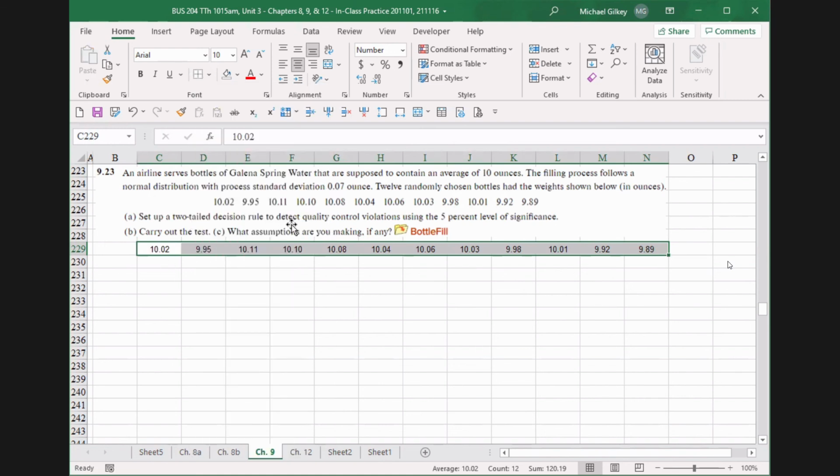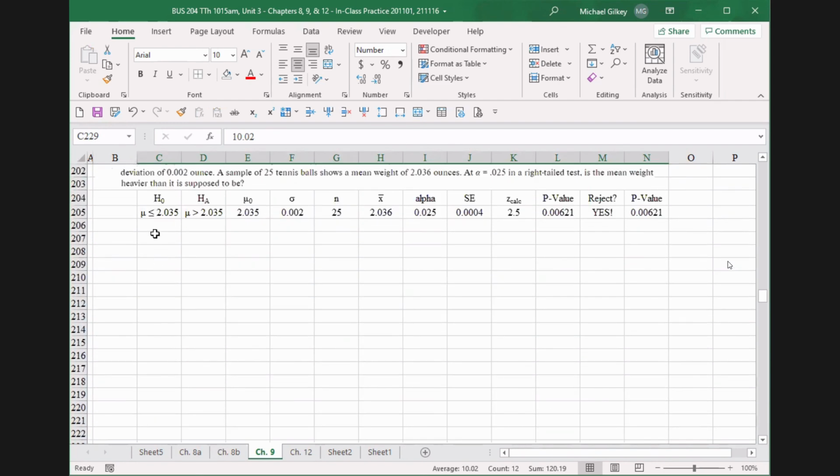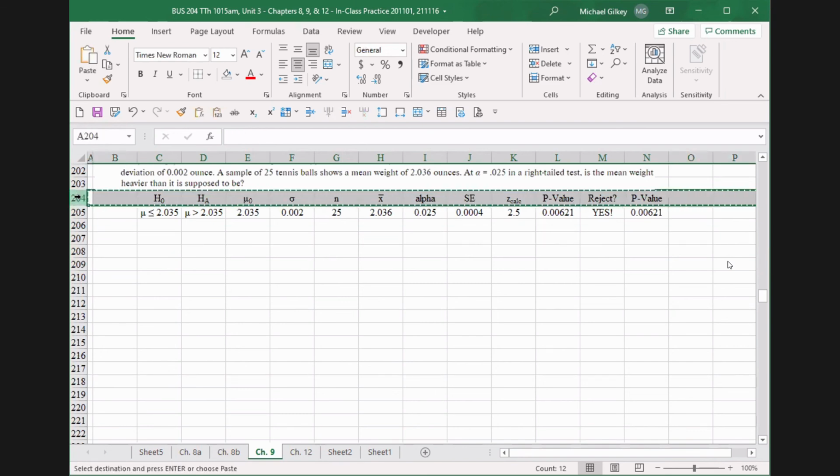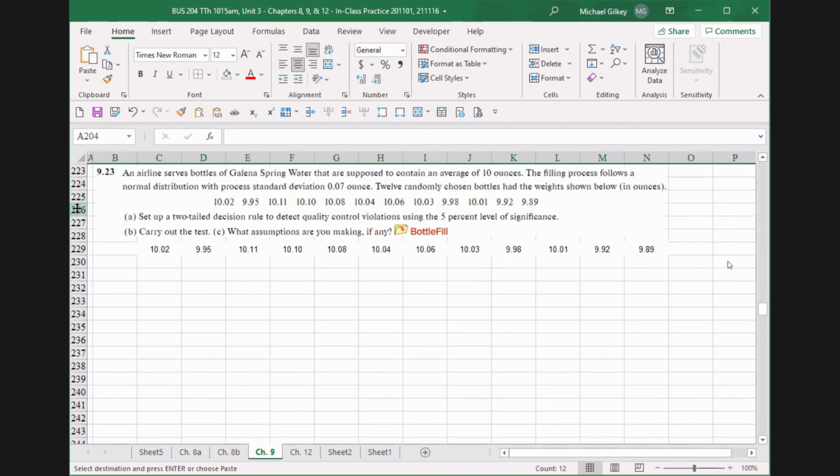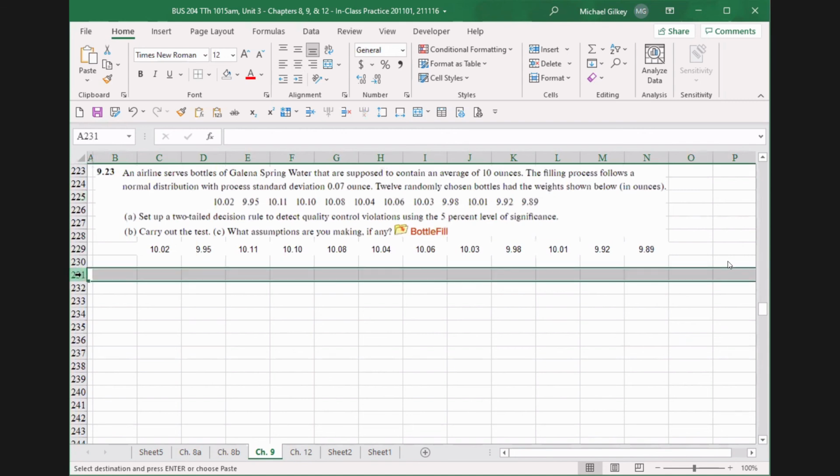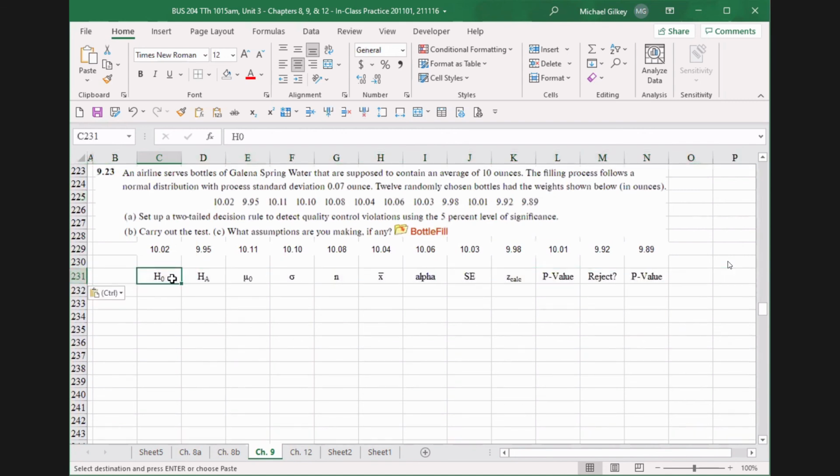Then you're going to have to calculate the test statistic, actually calculate the sample statistic and then do the test. So what I would suggest is do like we did up here, where we first started with determining the null and alternative hypotheses.